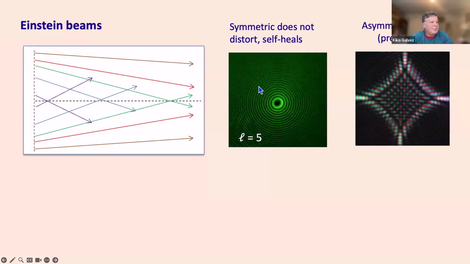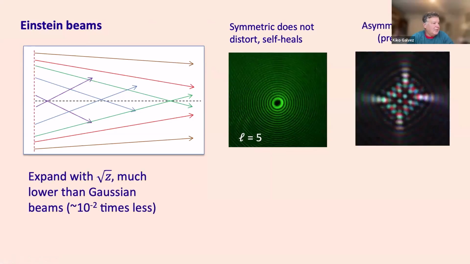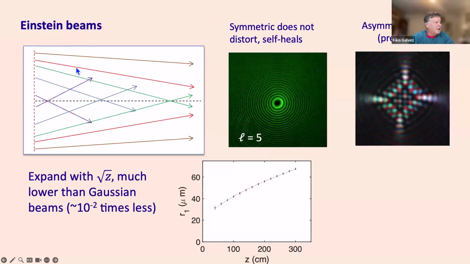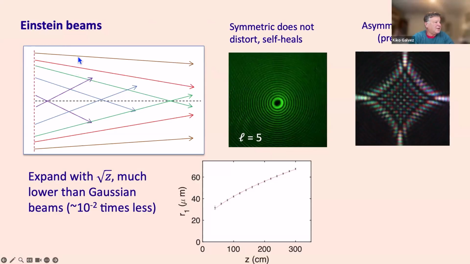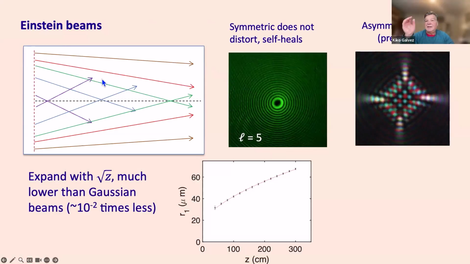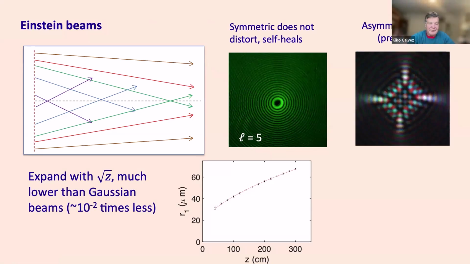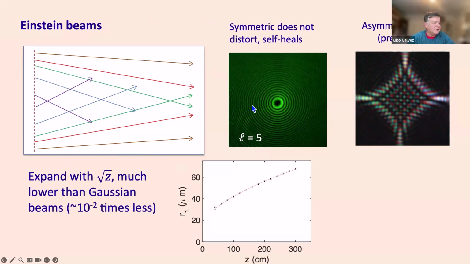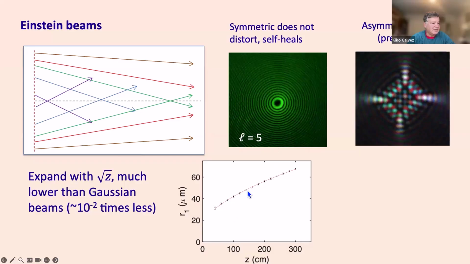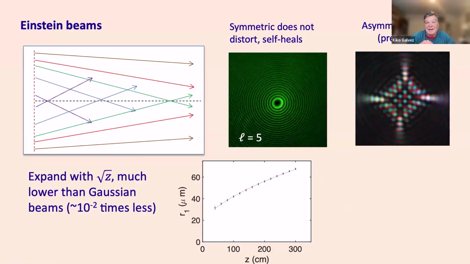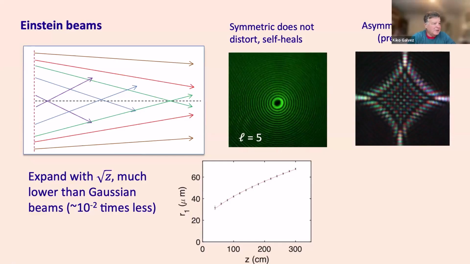That's my simple-minded way of looking at it. But since these rays get deflected less and less as you go to the outside, the beam extends. In fact, the radius goes as the square root of the distance. So you have a beam that deflects less than what you would get with a Gaussian beam.